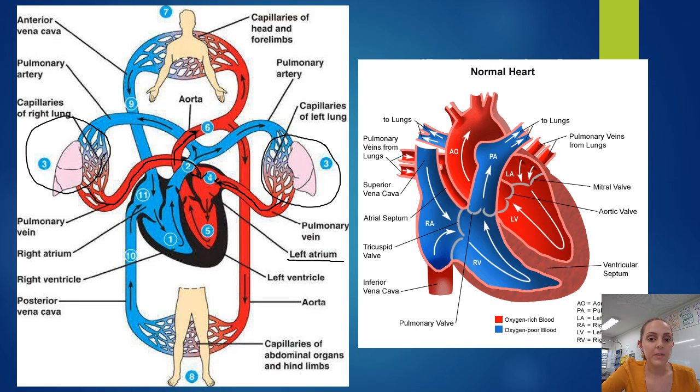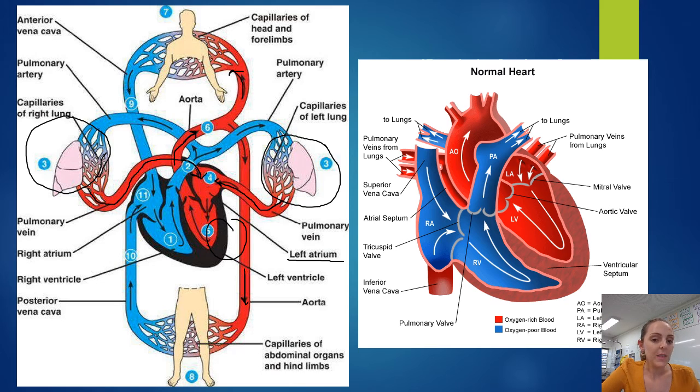So it can head up this way to your head and forelimbs, so the arms, and it can also head down this way to provide blood to the legs and all of your abdominal organs. Okay, so the left of your heart here is often much thicker and meatier because it has to do some extreme pumping. So the muscle volume on that left side of the heart is a lot stronger.